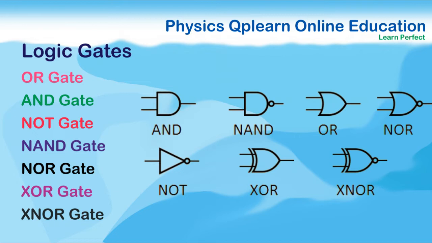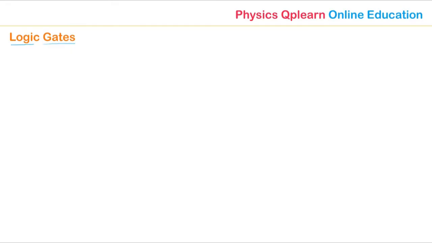In logic gates, there are mainly seven gates. Today we will discuss only five gates. The first one is OR gate, the second one is AND gate, the third one is NOT gate, the fourth one is NAND gate, and the last one is NOR gate.